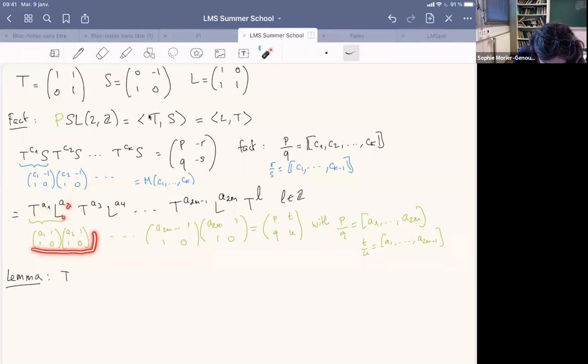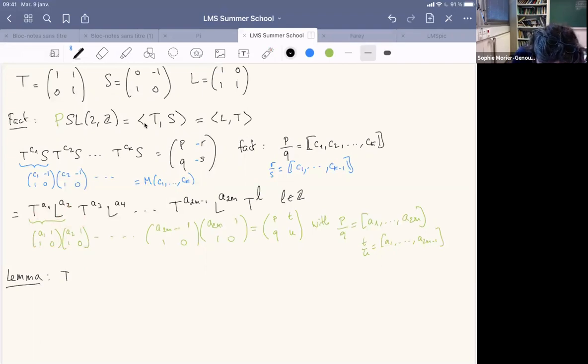This will produce this product of two matrices. And L and T do not have finite order in the group. They go to infinity. So I really need to consider L with a power.